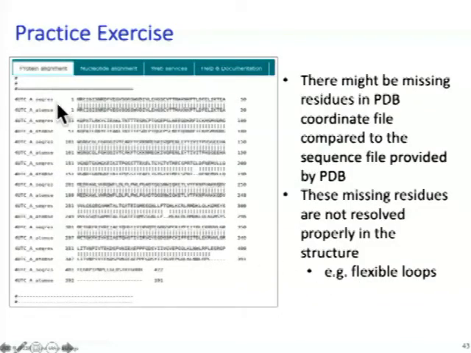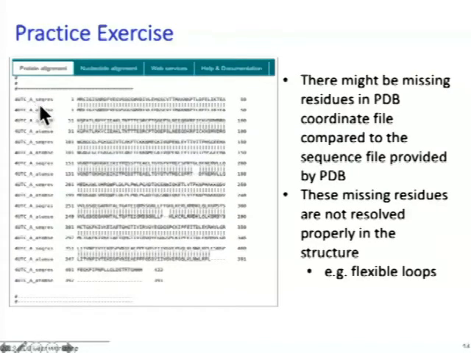In the PDB, you have two sets of sequences. One is your sequence record. That is what the person who made the crystal structure expressed and put into their crystallizing reaction, and you see the whole protein.